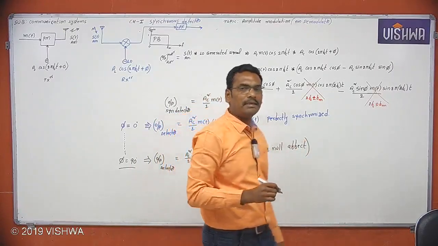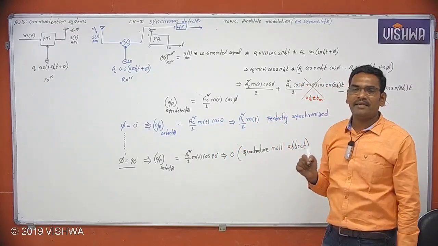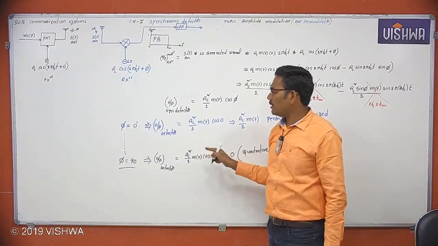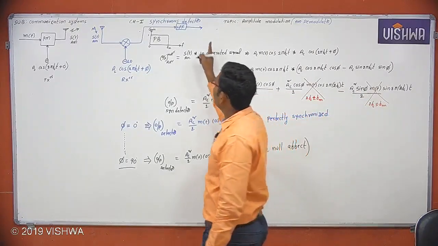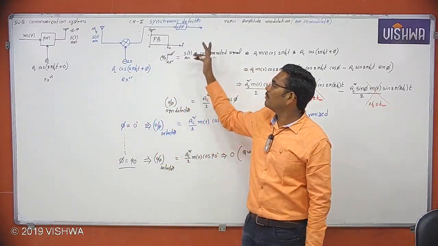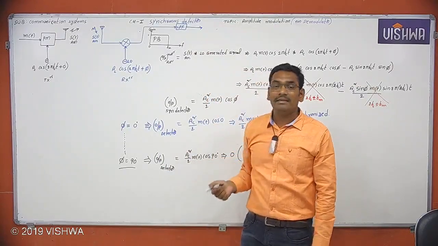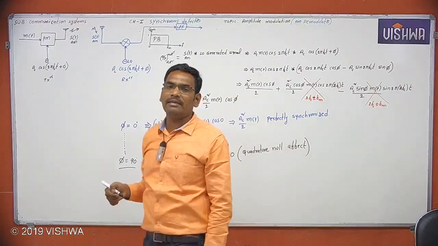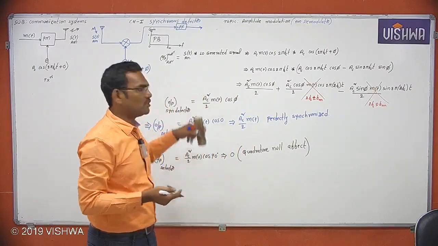When the phase difference is 90 degrees, the output equals 0. This effect is called the quadrature null effect, which is a very dangerous effect because the output is 0. Your cost and complexity are increasing, but our output equals 0. Null is coming. So this is the disadvantage and dangerous effect in the case of the synchronous detector. Synchronization is a very difficult task.